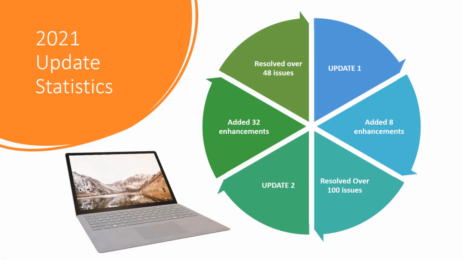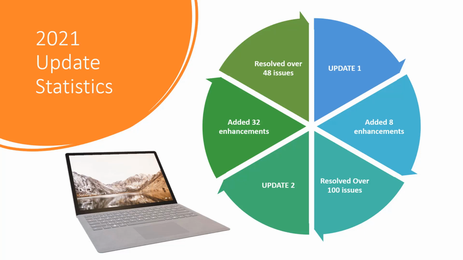Now, here's some statistics. If you notice in the blue tones, update 1, since July to September, we added 8 enhancements, but we resolved over 100 issues. Remember, MineScape 2021's new, and it got out to production. It got out to a lot more people other than the controlled release, so a few more issues cropped up.